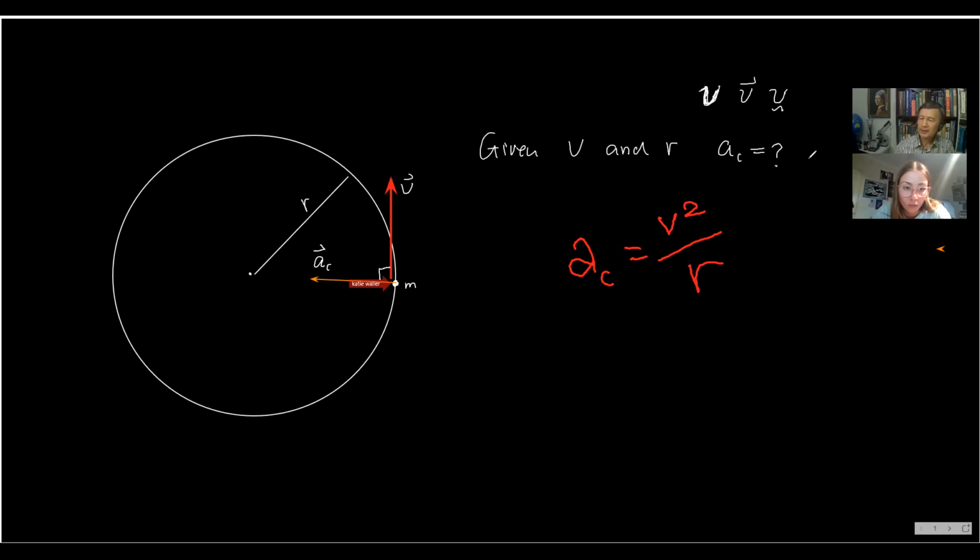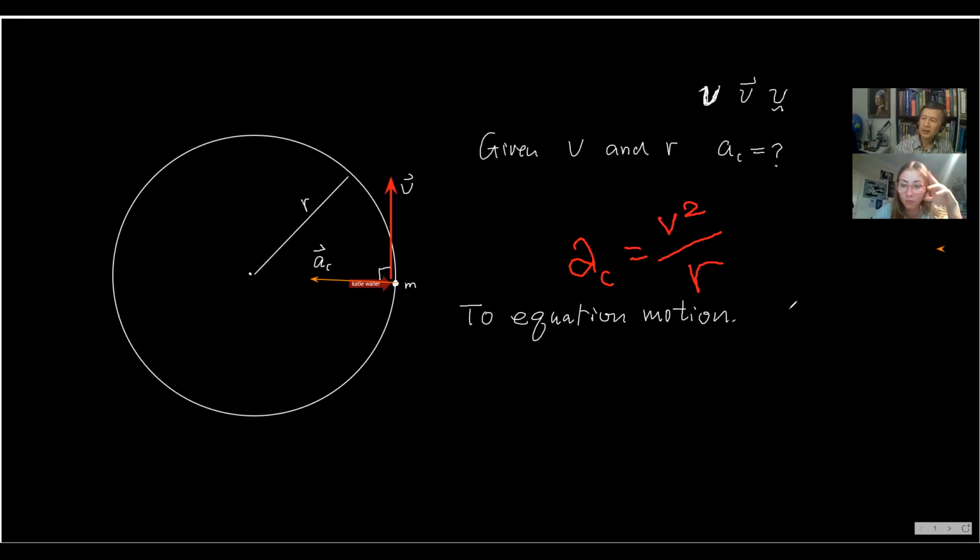Once we know this acceleration, we should be able to build the equation according to Newton's second law. What can we say? F equals ma. Yeah. Can we find an equation of motion for the circular motion?